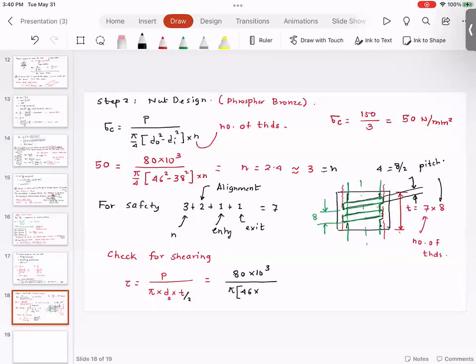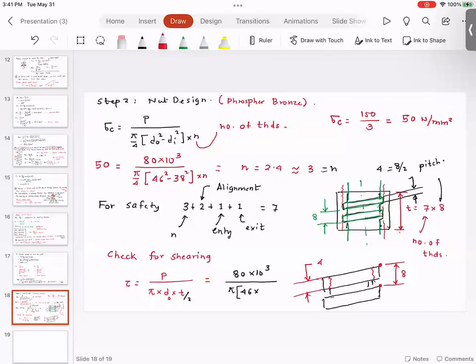I'll try to draw. The pitch is from here to here. Right? But if you look at the thickness that is resisting the shear, it's half of the pitch.